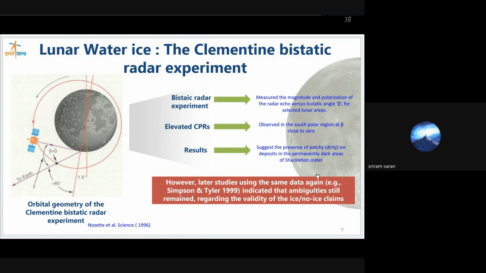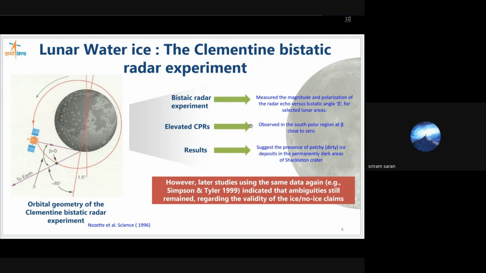That means the ground radar observations situated at different locations, which was operated by NASA. So this bistatic radar experiment measured the magnitude and polarization of the radar echoes versus the bistatic angle. So the bistatic angle in radar is just analogous to the phase angle in optical observations. That means the angle between the instrument, the receiver, and the surface.